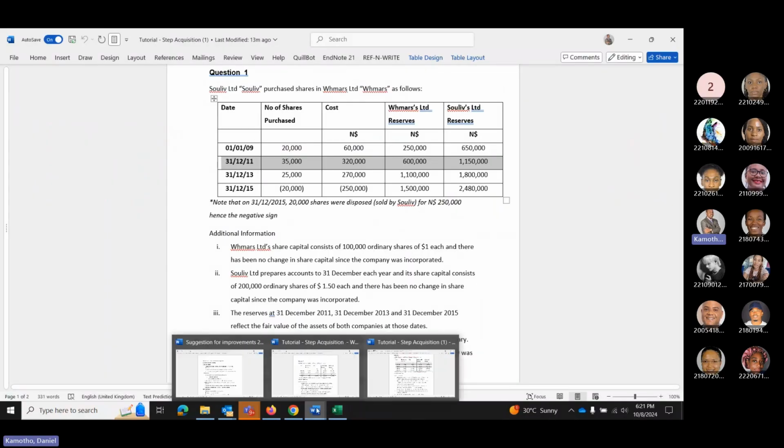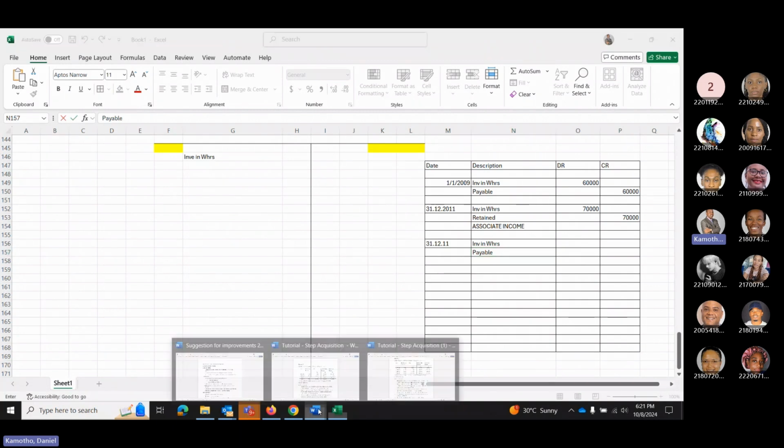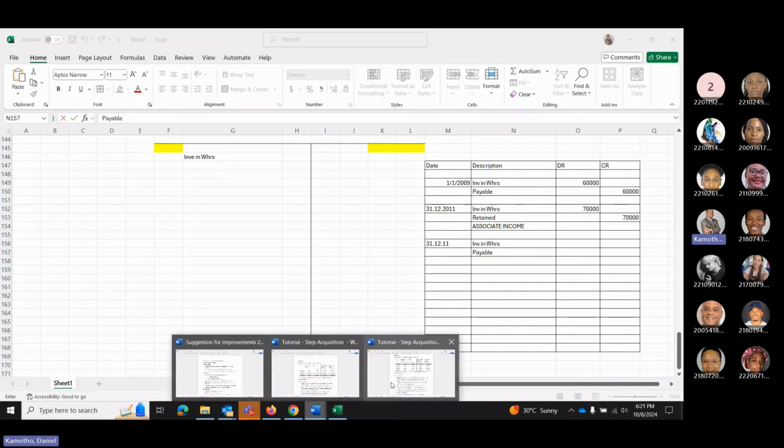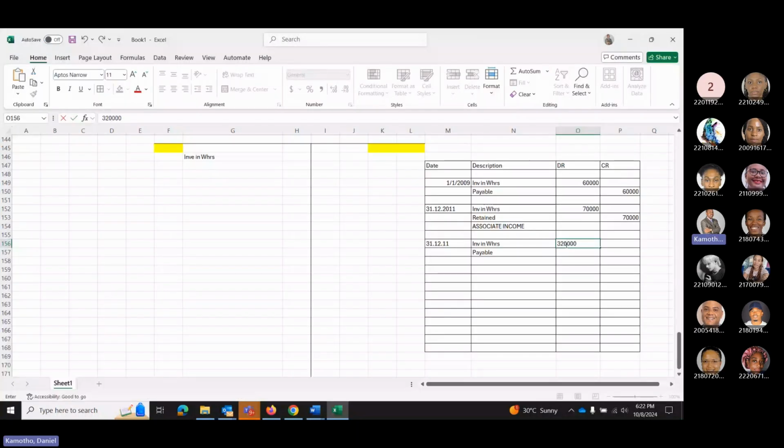So on that day, they would have recorded the investment again, which they have paid in cash or payable. I like using payable, and that amount would have been recognized in the account as 600,000 because the cost is 320. Are we fine so far?